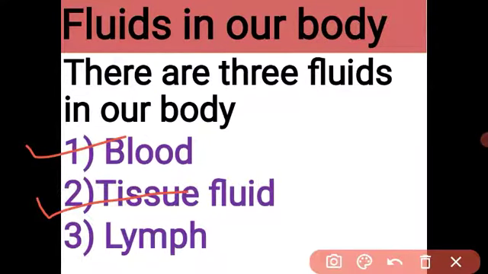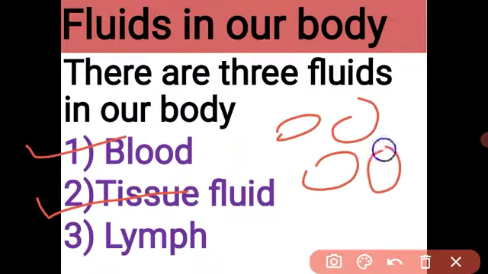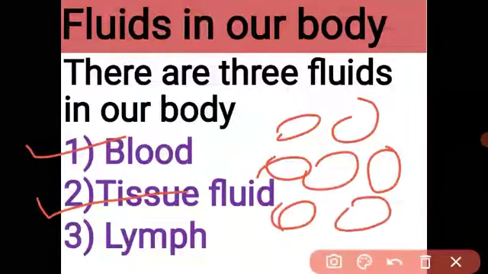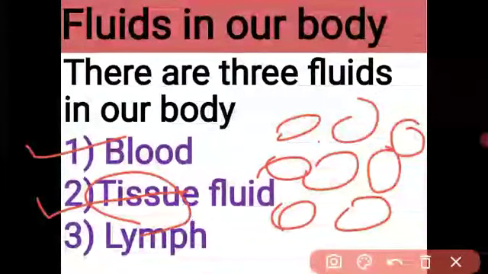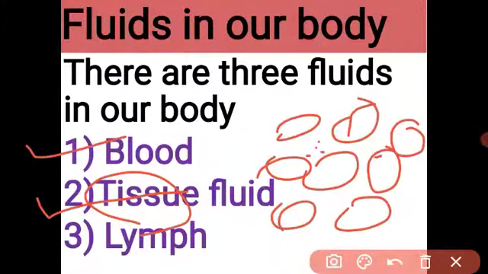See, this is the main cell. In between the cells there is a space, and this space is occupied by fluid. This fluid in between the cells is called the tissue fluid.